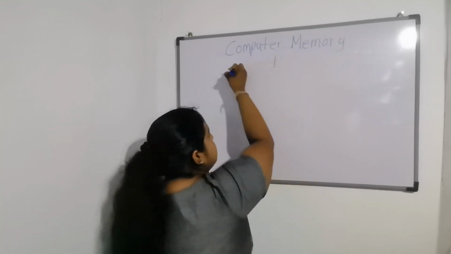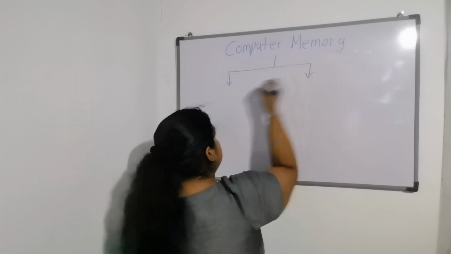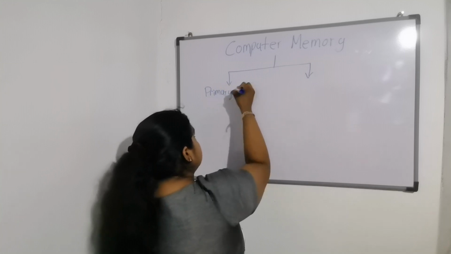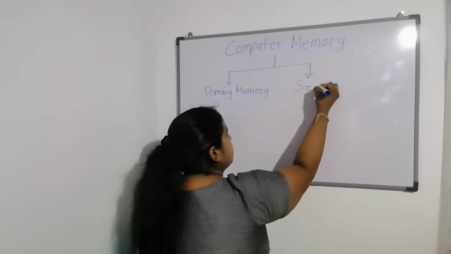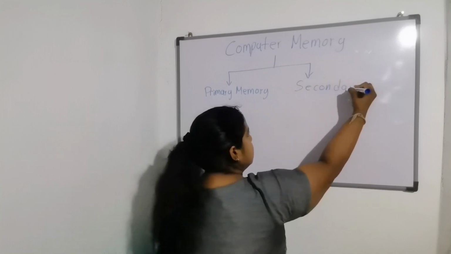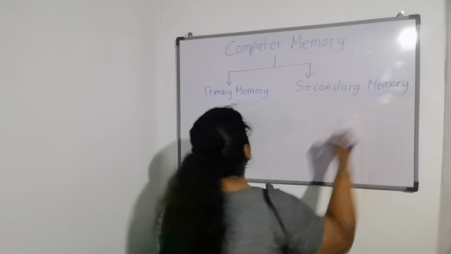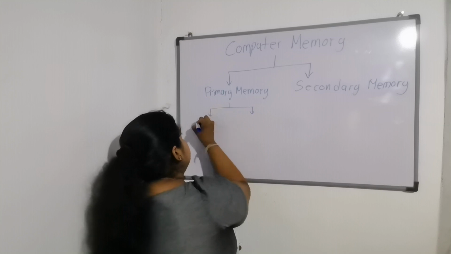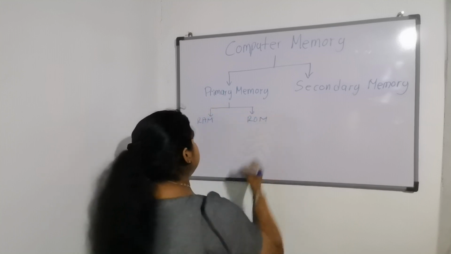Computer memory is divided mainly into two types: primary memory and secondary memory. Primary memory is again categorized into two. What are they? Random access memory and read-only memory.